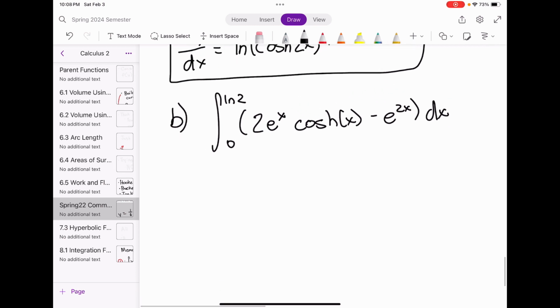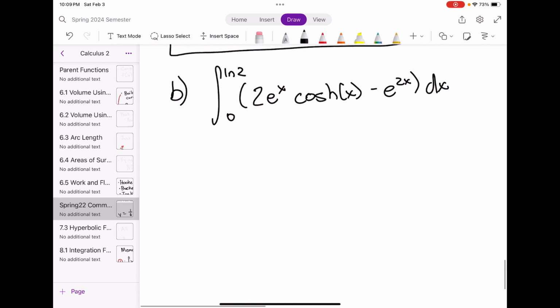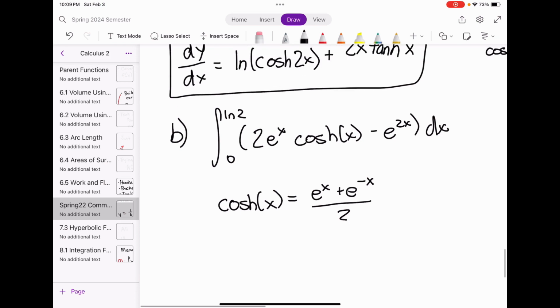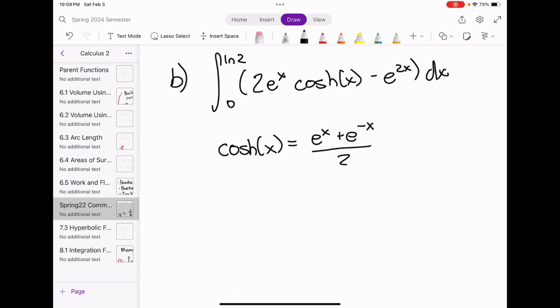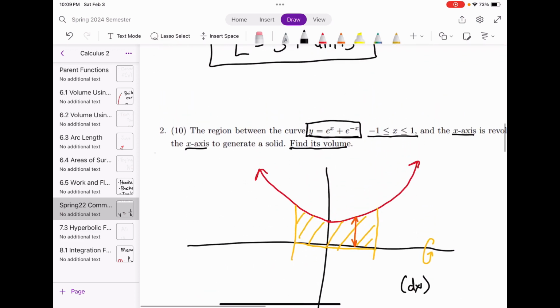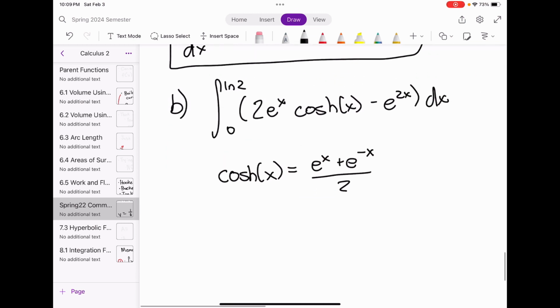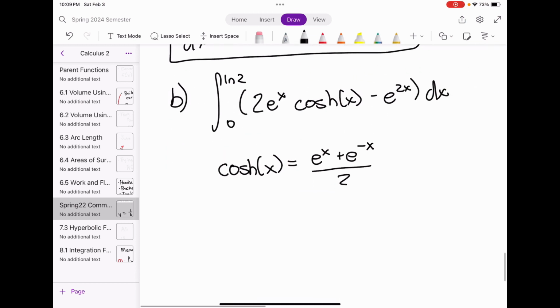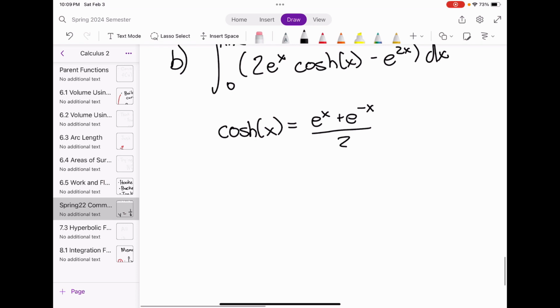Once again, you don't need to know this, but I would say let's try defining cosine h of x by its formula, e to the x plus e to the negative x over 2, which, by the way, is the parent function of one of the other questions right here, except this time there's going to be a division by 2.